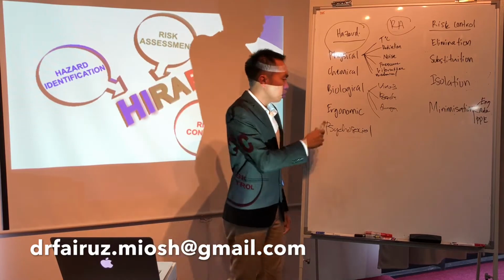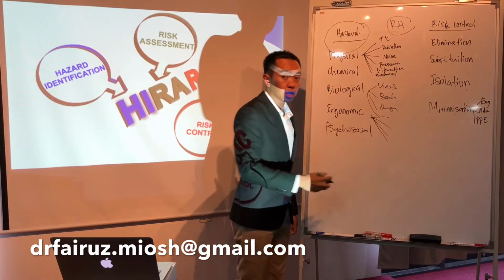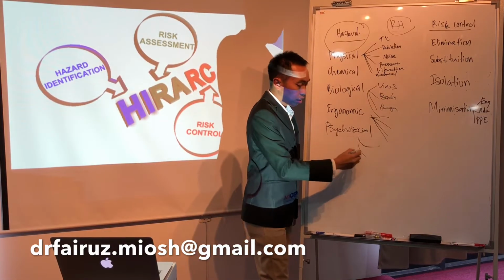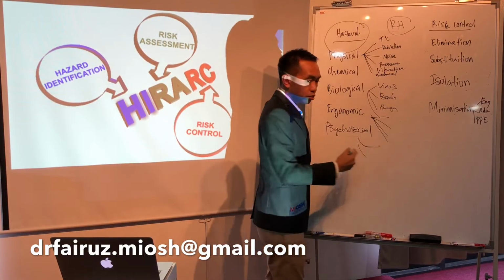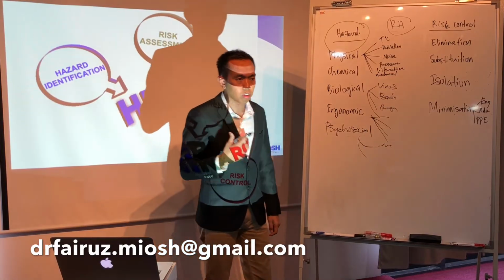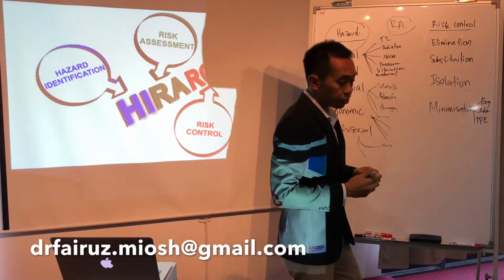Ergonomic, there are many ergonomic risk factors that can cause musculoskeletal disorders. Last but not least is psychosocial, important because psychosocial stress and so forth can cause mental health issues, and not only that, it can also cause physical problems as well.